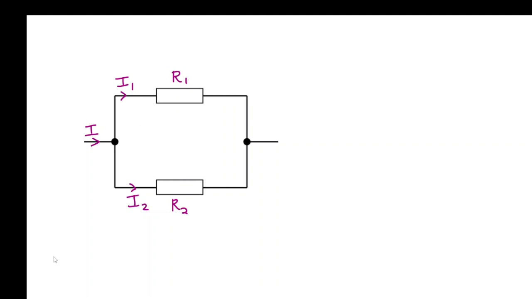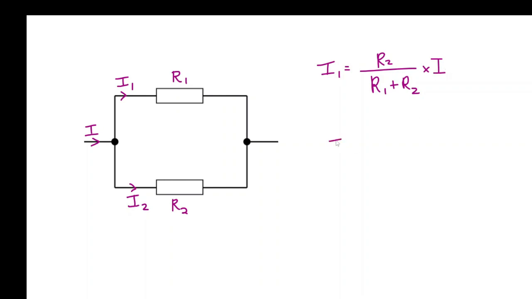So for that reason we can directly figure out the two formulas here. I1 is equal to, you get the other resistor. What's the other resistor? R2 over R1 plus R2 times by incoming current capital I.